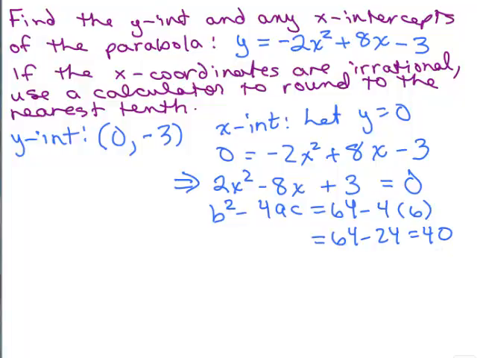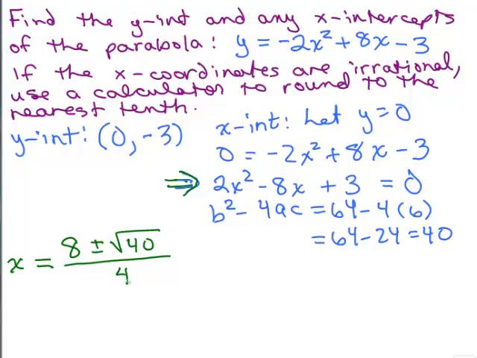So let's get the quadratic formula going. For my x-intercepts, I know that x is equal to negative b, so b is negative 8, which gives me a positive 8 for negative b, plus or minus the square root of the discriminant, so the square root of 40, all over 2a, so that's 2 times 2, which is 4.